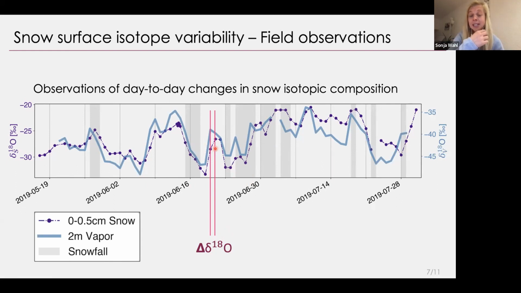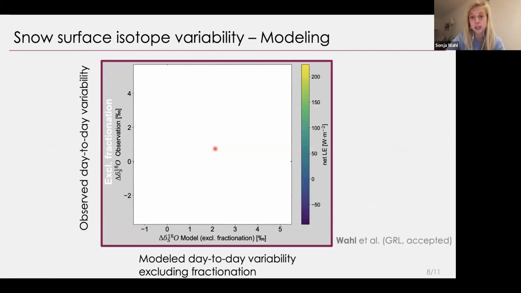Okay, and in this small surface model, we then compared what we observed in this day-to-day change to the modeled day-to-day change. And this is what you're going to see here in a sec. So on the x-axis, you have the modeled day-to-day variability. And on the y-axis, the observed day-to-day variability of two field seasons, I need to say. It's 2018 and 2019. And first, we're going to look at the results from the model run without fractionation.